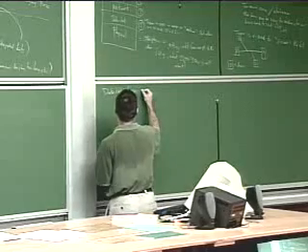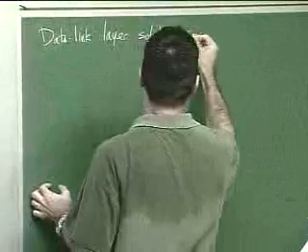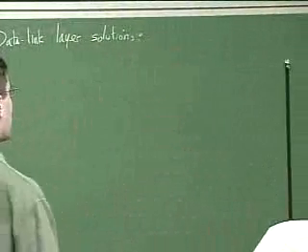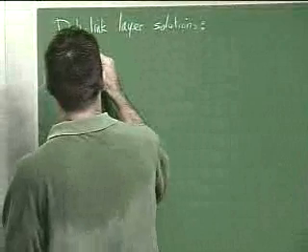Okay, so what are we going to look at in the data link layer? The first thing we're going to look at is error correcting codes.